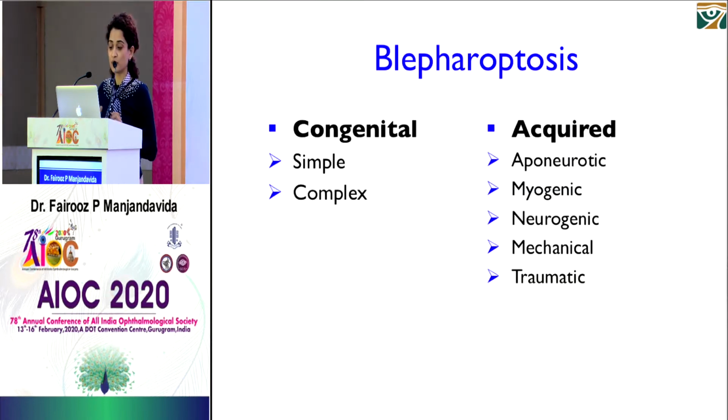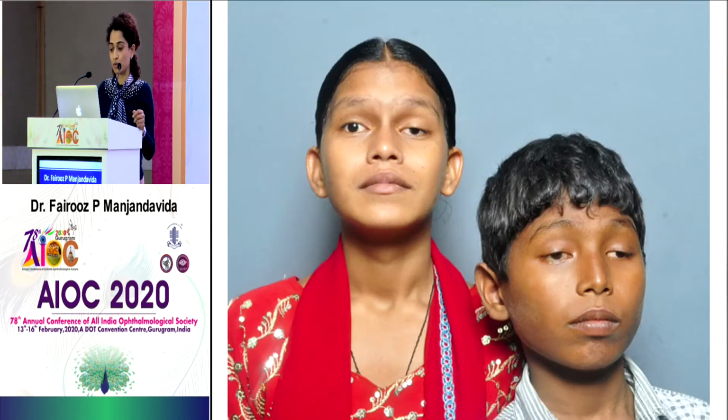All right. This classification is very important even to plan the management of blepharoptosis. It's classified as congenital. This is basically for the postgraduates sitting here. Congenital is further classified as simple and complex. And acquired could be aponeurotic, which is very common, myogenic, neurogenic, mechanical, and traumatic.